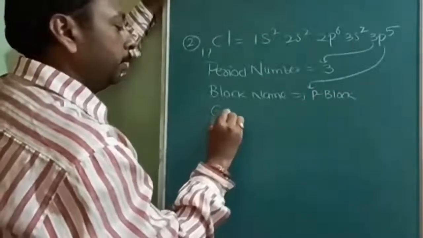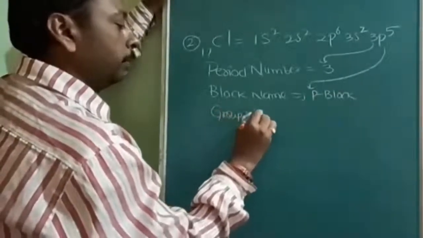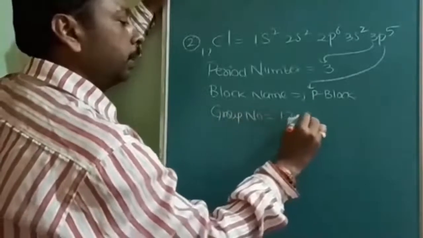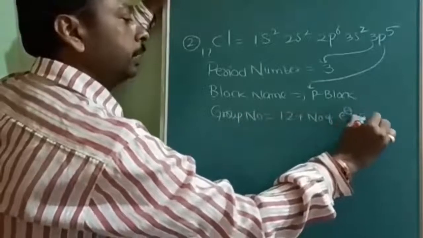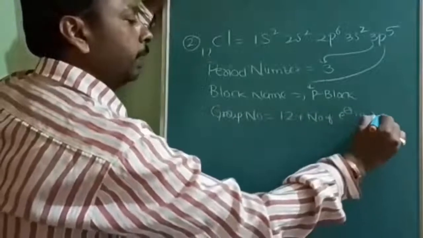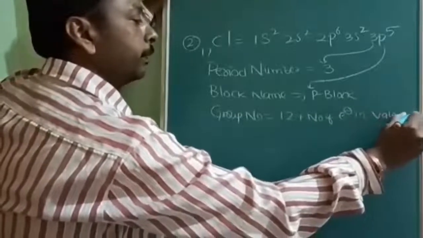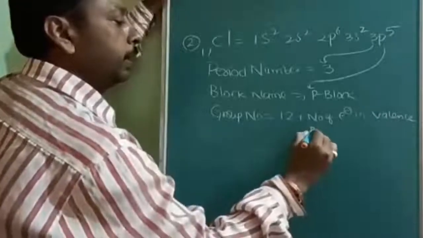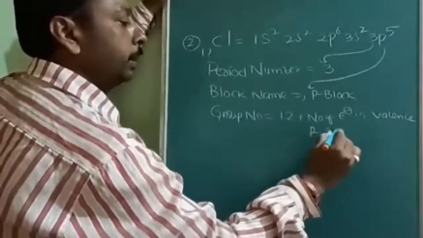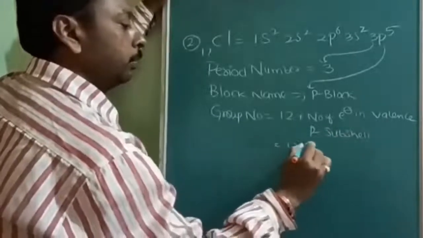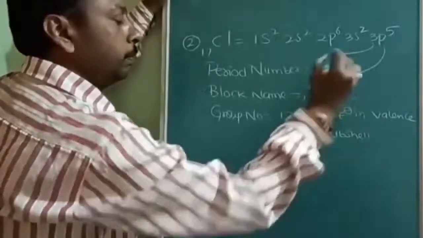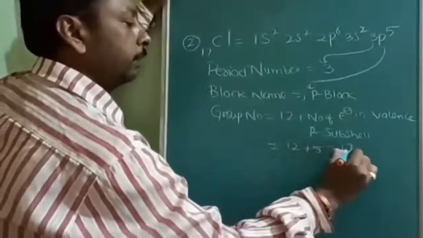Then for the P block, the group number formula is 12 plus the number of electrons in the valence P subshell. Okay. 12 plus 5, that is equal to 17.